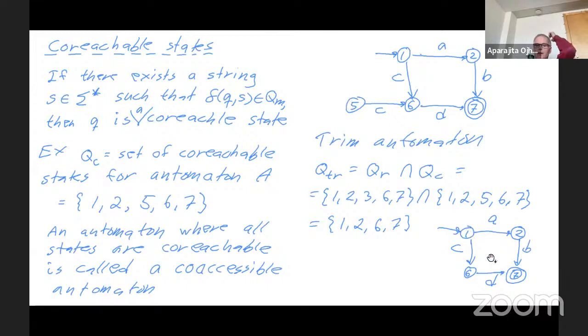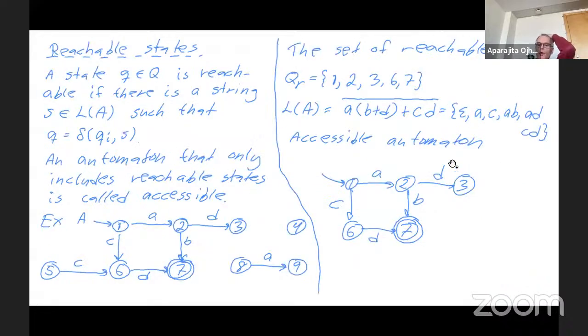So we could say that by generating the trim automaton, first you skip all non-reachable states, like state 5, but you also avoid all blocking states from which it's not possible to go to a marked state.